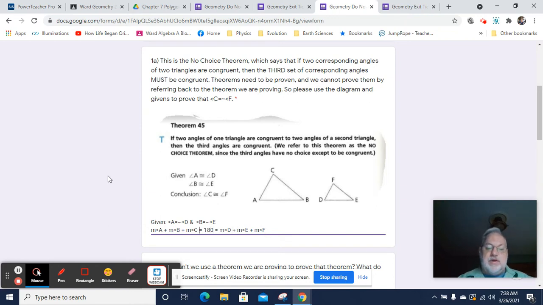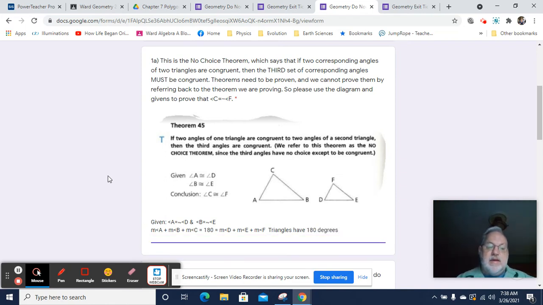So I put both of those on either side of 180. Cool. So now that means by transitive property that the triangles have 180 degrees.